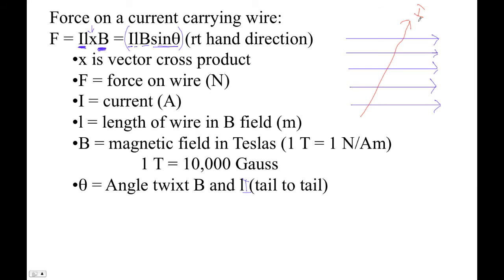That's my current. If this is my magnetic field, you want to use this angle. Now be careful, because they can give you problems where the angle that they give you isn't the right angle. So draw a picture of whatever they talk about, and figure out for yourself what is the angle between the current and the magnetic field. Place them tail to tail, and then find that angle there.